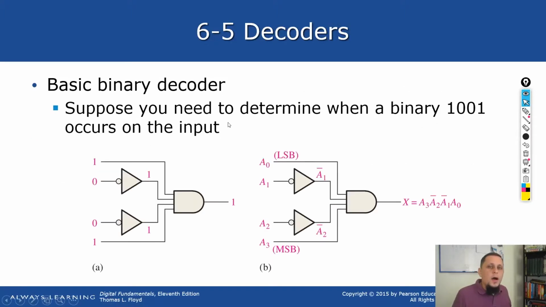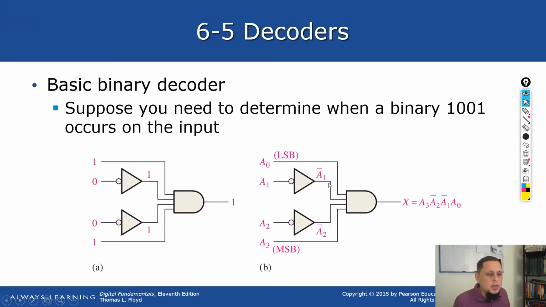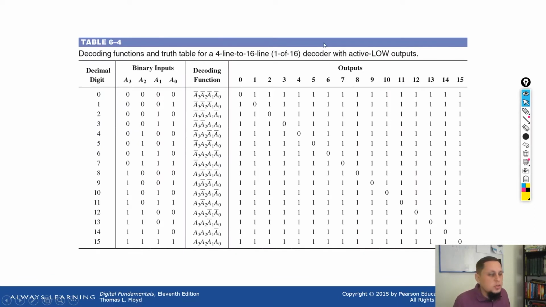Now, this is already a fixed function logic. You can use this, but how is it implemented? Using logic gates, very simple. We just refer to the truth table. This is the truth table for this 4-bit decoder, and these are the inputs 0000 until 1111.